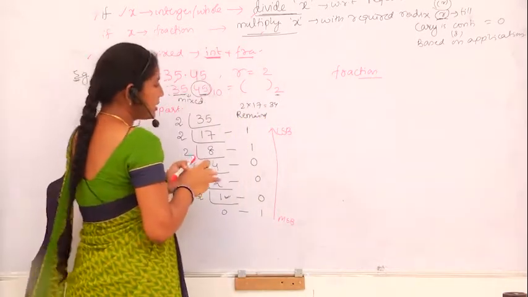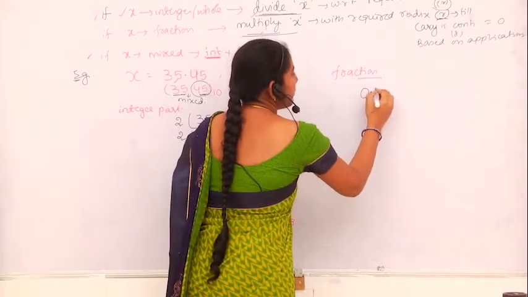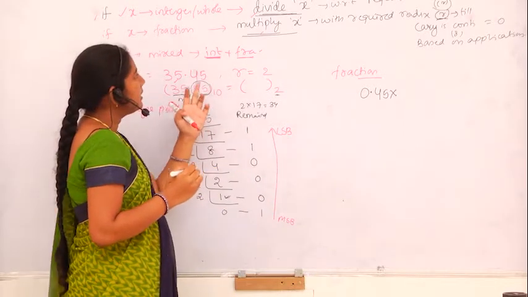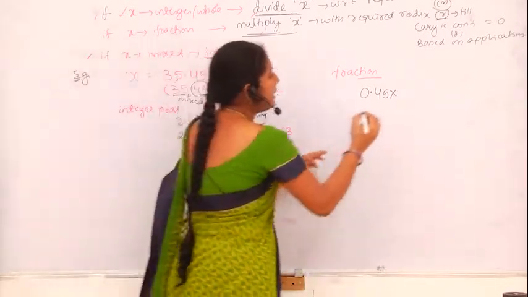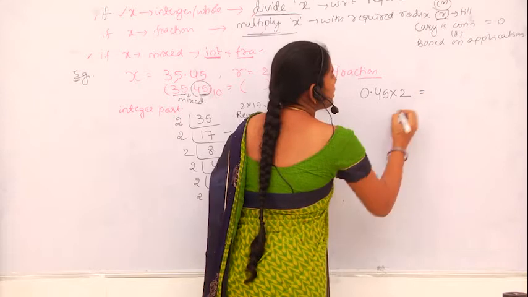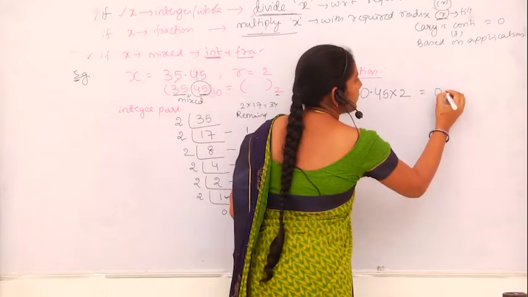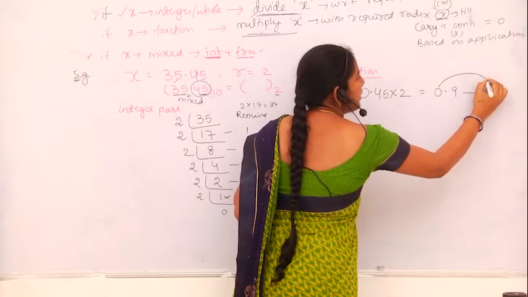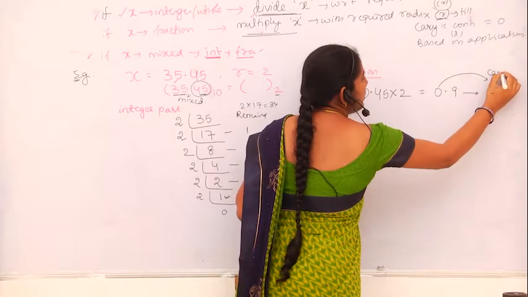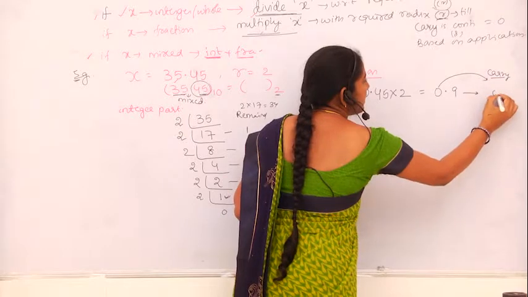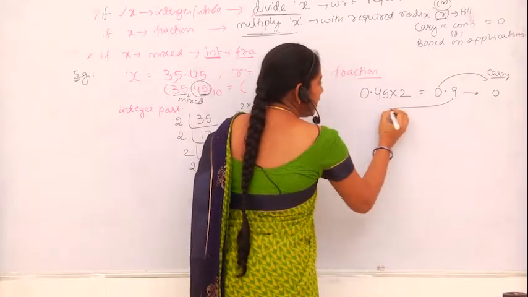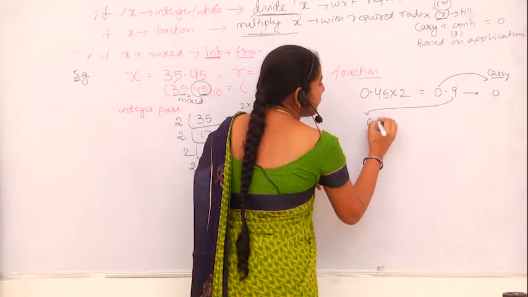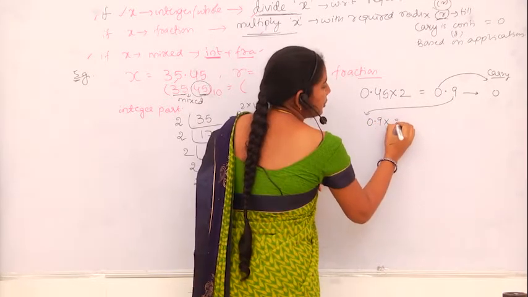Here the fraction is 0.45. This fraction is multiplied with radix 2. So we'll have the result 0.9. Then take this integer part out, nothing but carry 0, and this fraction part to the next level, 0.9 into 2.